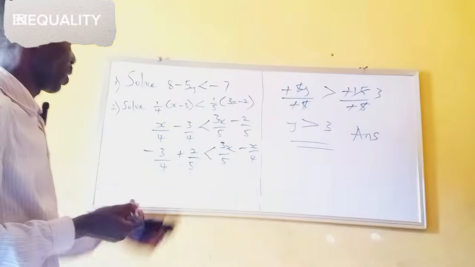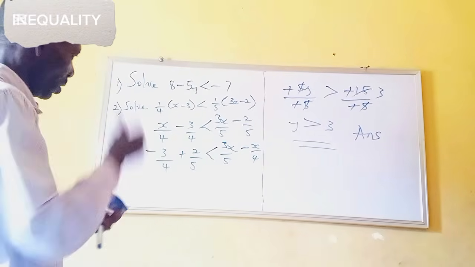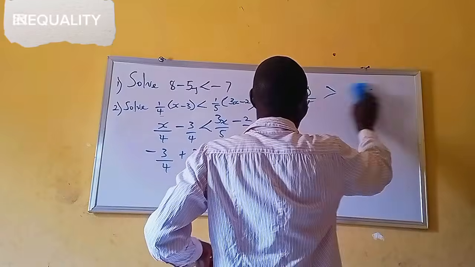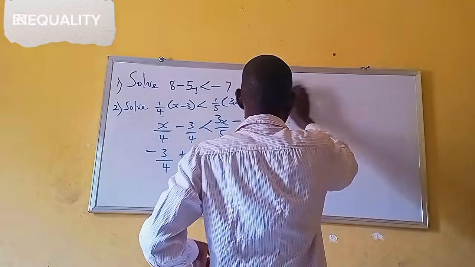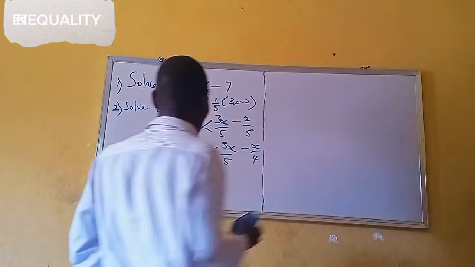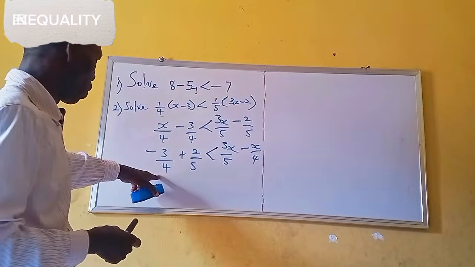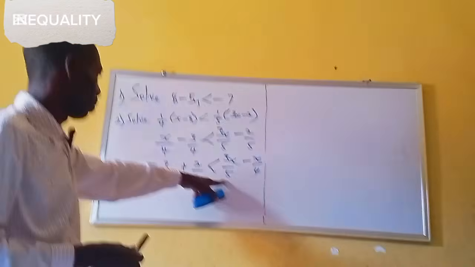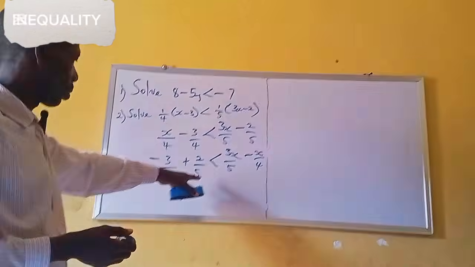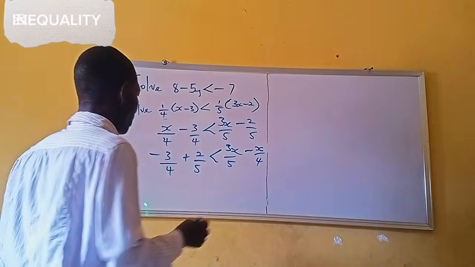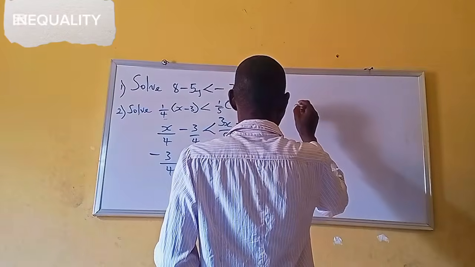So here now we find the lowest common multiple of this. The lowest common multiple of this is 20.